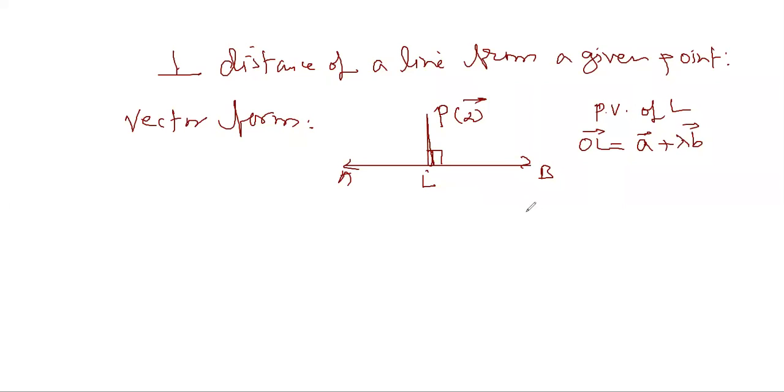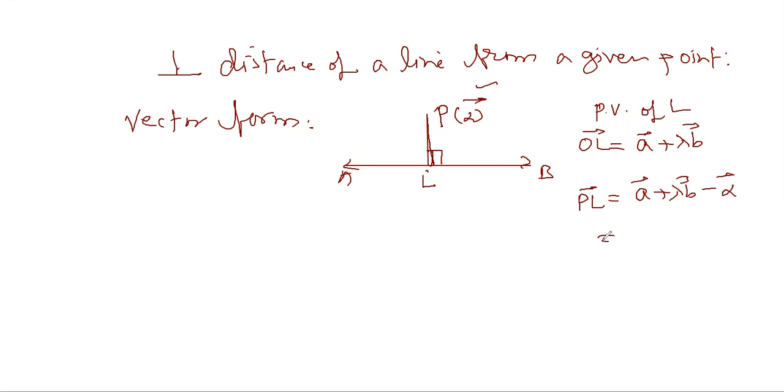And what will be the value of PL? Vector PL will be equal to OL minus OP, so A plus lambda B minus vector alpha. This point is denoted by alpha vector.